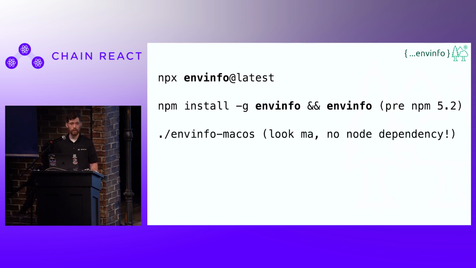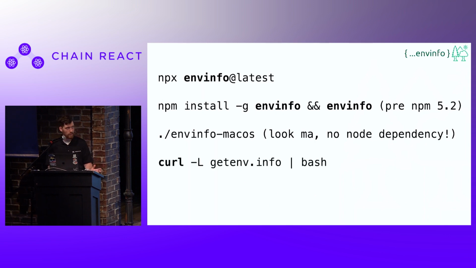You can also, with the binaries that I compile, download it directly and just execute it like any other binary. With a sister project that I wrote in Shell, you can actually curl through this convenient little domain that I have directly into your bash if you're brave.